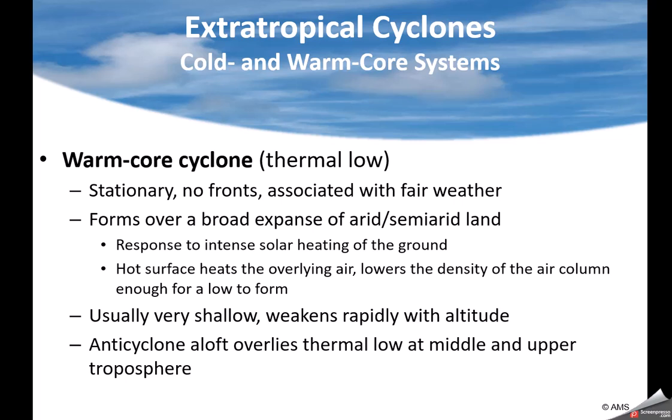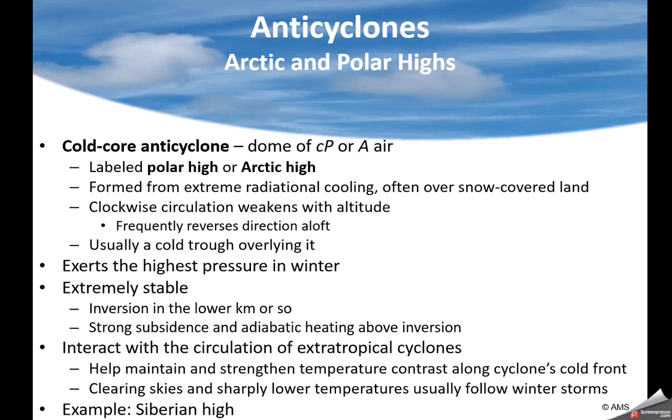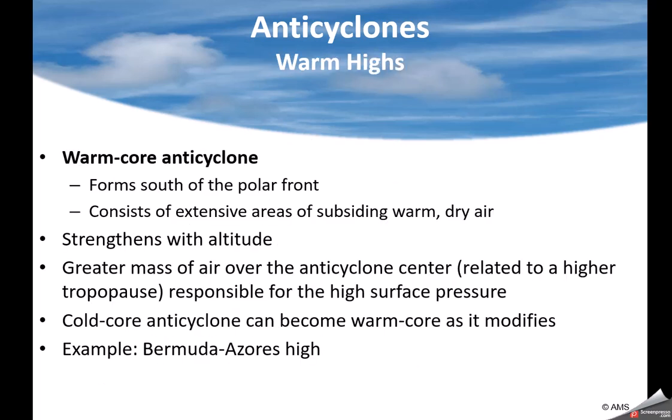You wind up literally with high pressure aloft. And the most intense circulation for that low pressure is going to be right at the surface. Exactly the opposite of what we just saw with the extratropical. High pressures are typically associated with and come in behind these lows.